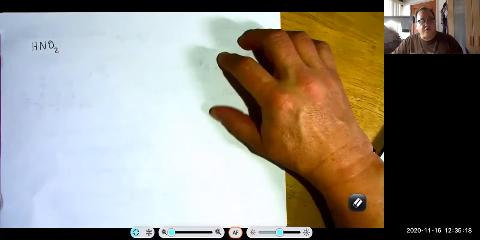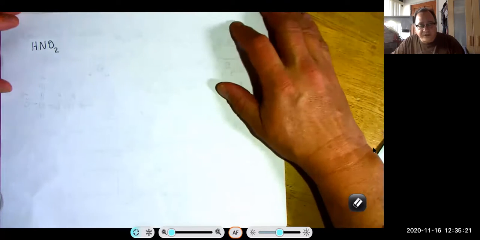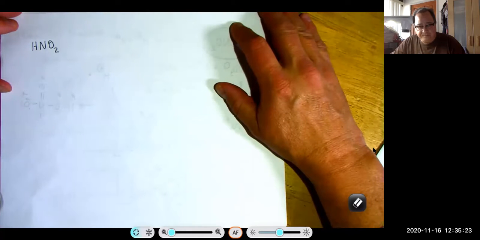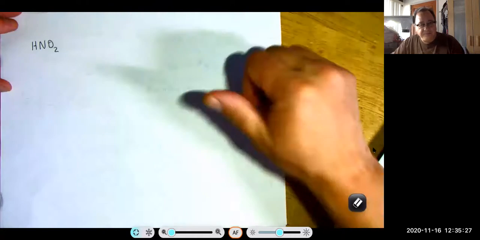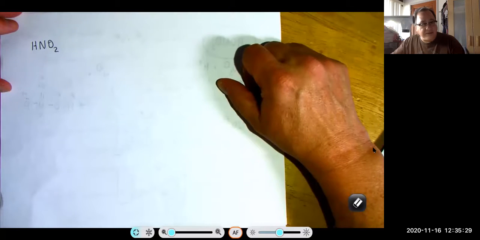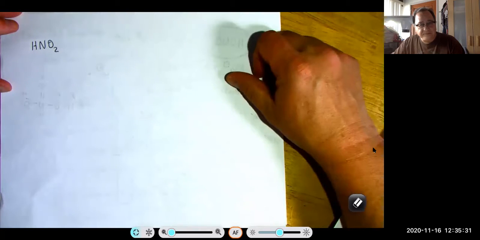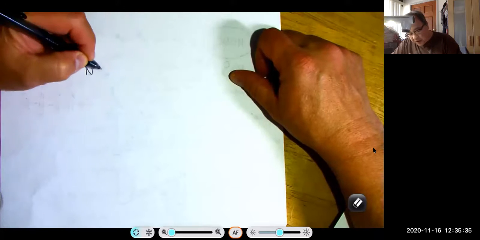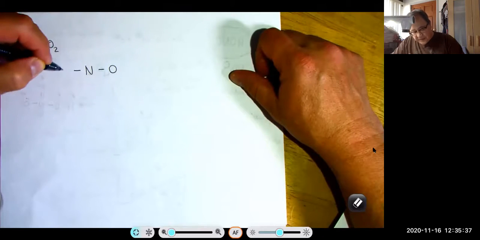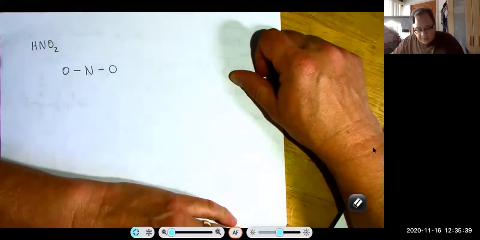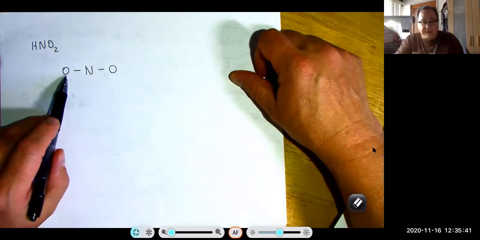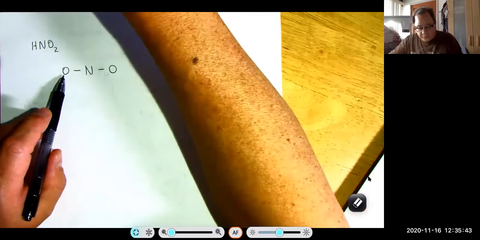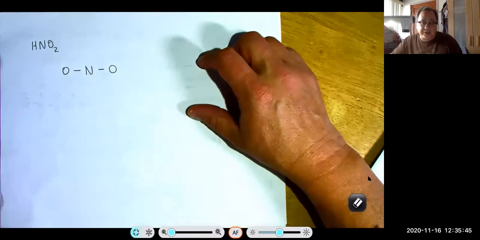So for this HNO2, what are we going to choose as the central atom? Hydrogen? If you think it's hydrogen, give me a thumbs up. Nitrogen, give me a thumbs up. Okay, nitrogen is it. And we're going to put the two oxygens here. And where are we going to put the hydrogen? Are we going to put it on an oxygen, or on the nitrogen because the nitrogen's central?